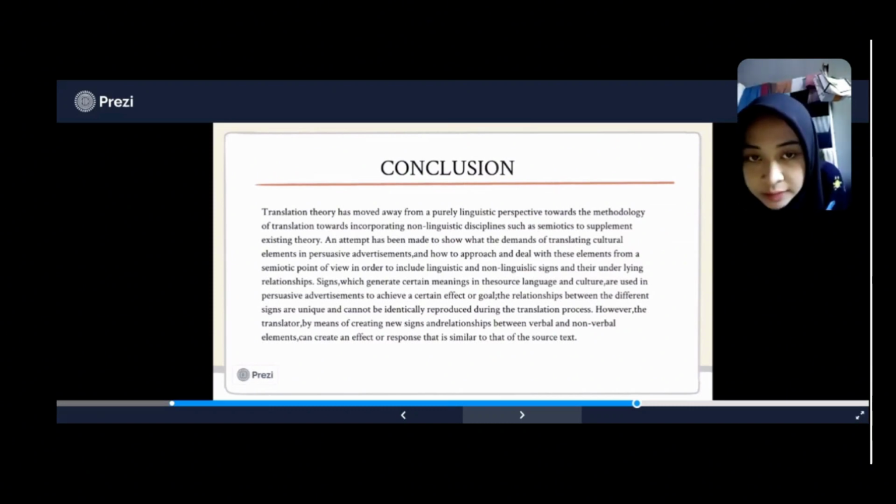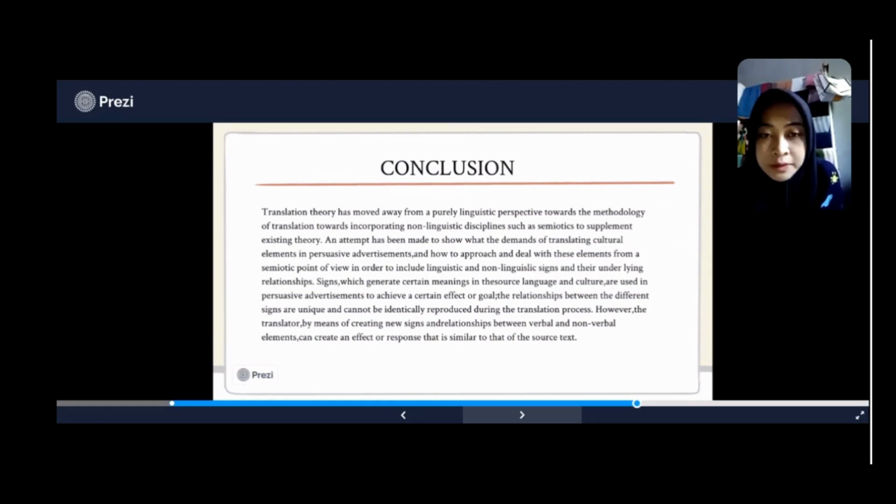An attempt has been made to show what the demands of translating cultural elements in persuasive advertisement are and how to approach and deal with these elements from a semiotic point of view, in order to include linguistic and non-linguistic signs and their underlying relationship, which generate certain meanings in the source language and culture, used in persuasive advertisement to achieve a certain effect or goal.